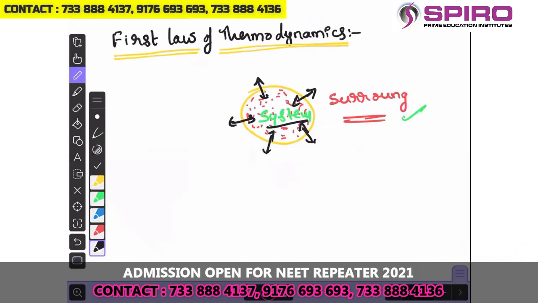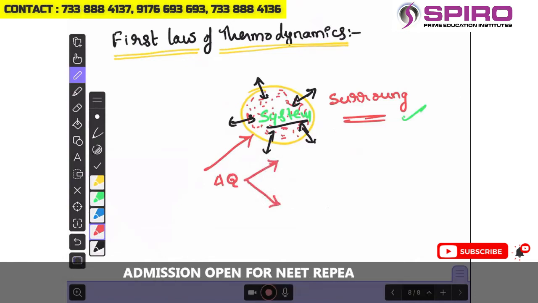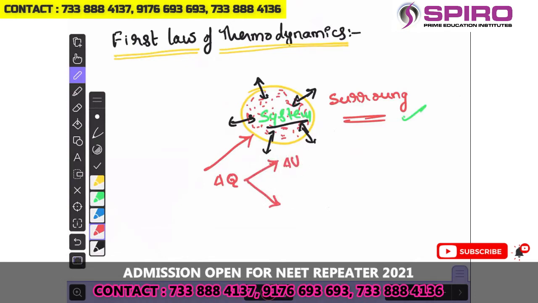If the heat energy supplied from surrounding to system is delta Q, that delta Q does two functions. One is to raise the internal energy of the gas, and the other is to do the external work, right?